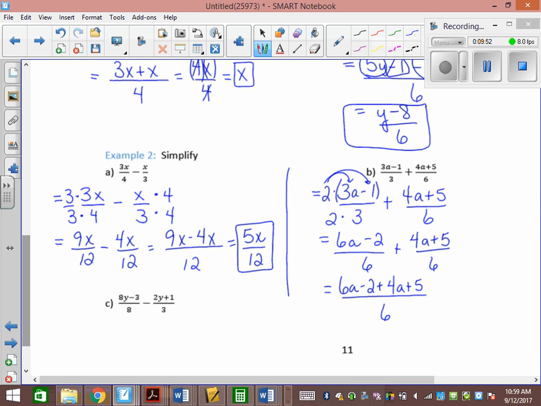When you subtract, what does it do? It changes the signs after it, right? When you do addition, when you distribute a plus 1, does it change signs? No, that's why. So now we can collect like terms. 6a plus 4a is 10a. Negative 2 plus 5, positive 3, all over 6.